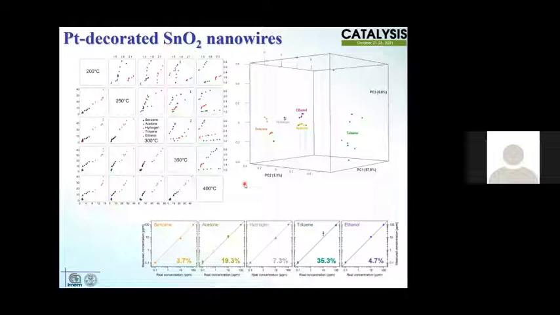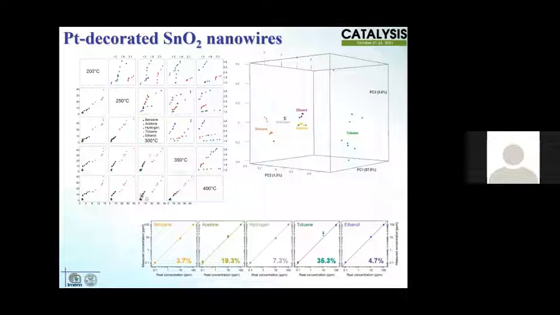When I was saying at the beginning that the problem of a chemoresistor is that it is just one number, combining together five numbers doesn't mean only to have five numbers. It means also that you have all the correlations. Indeed, in this correlation matrix, you see that the correlation brings information.